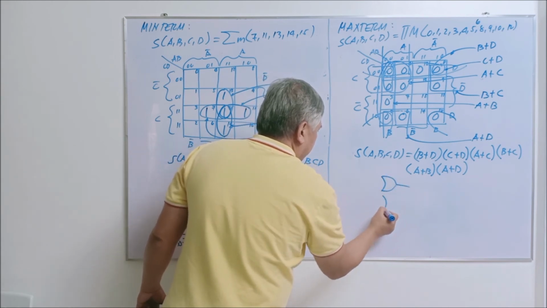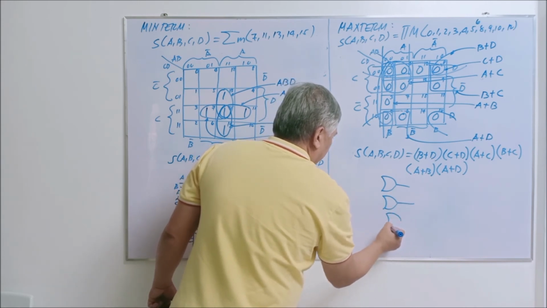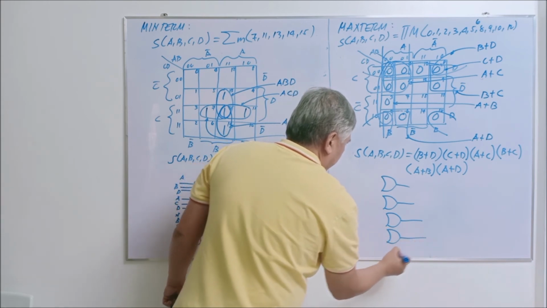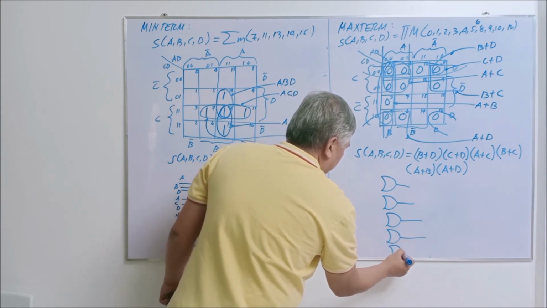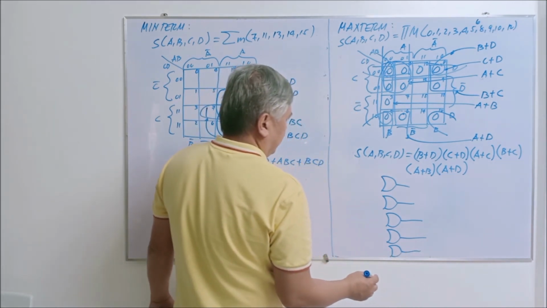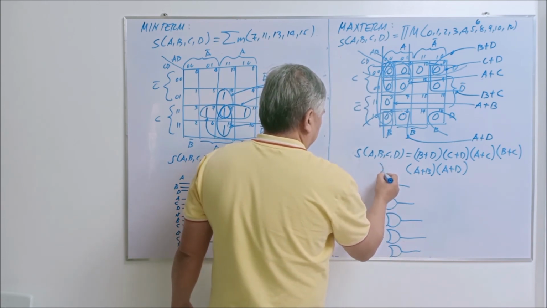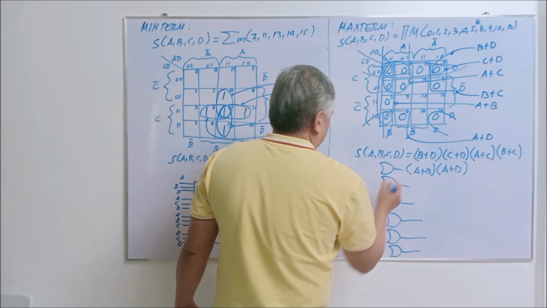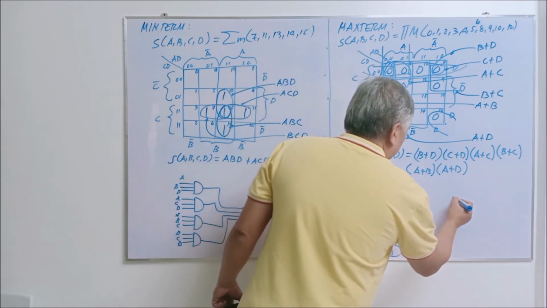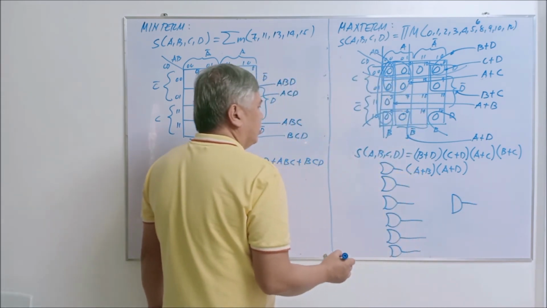Okay? And then they are being multiplied together. So we use an AND gate.